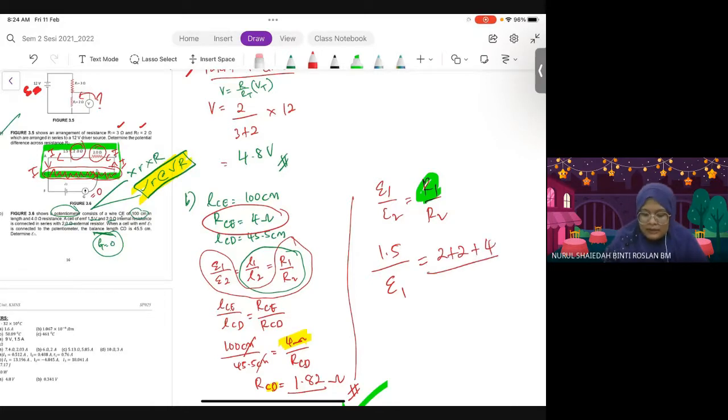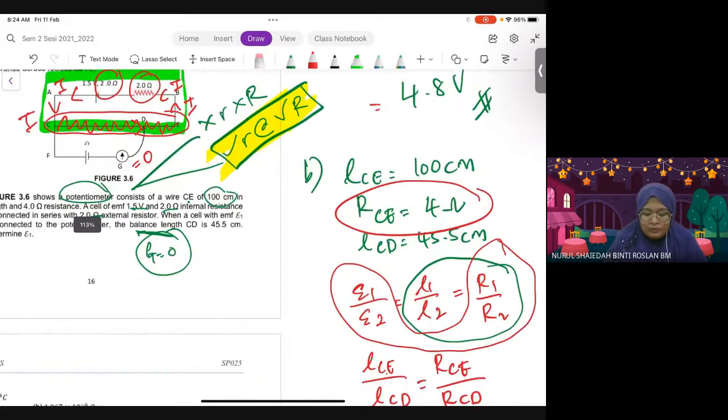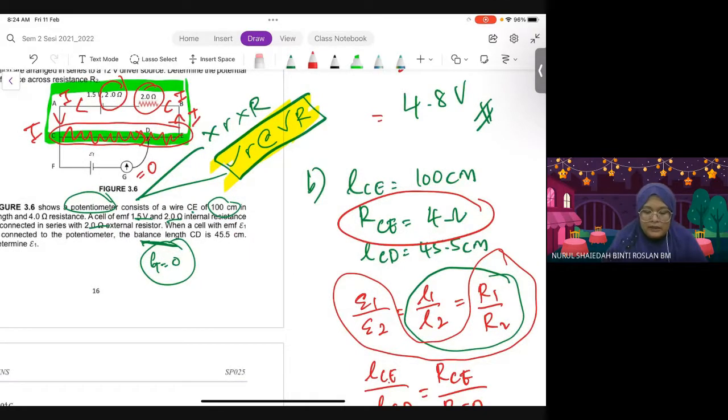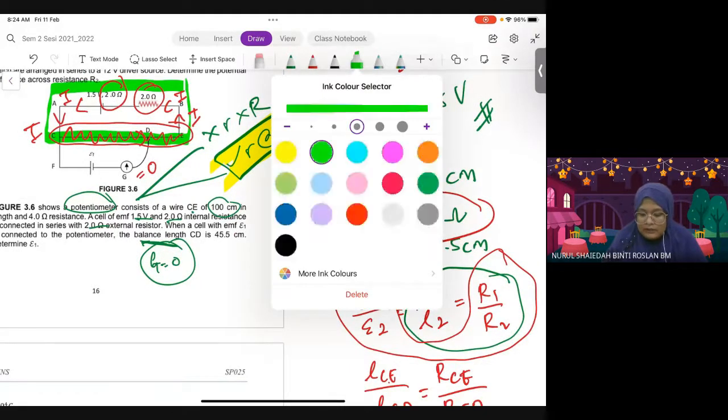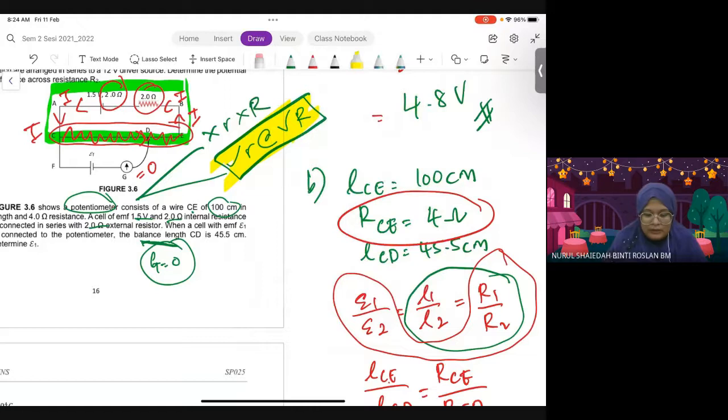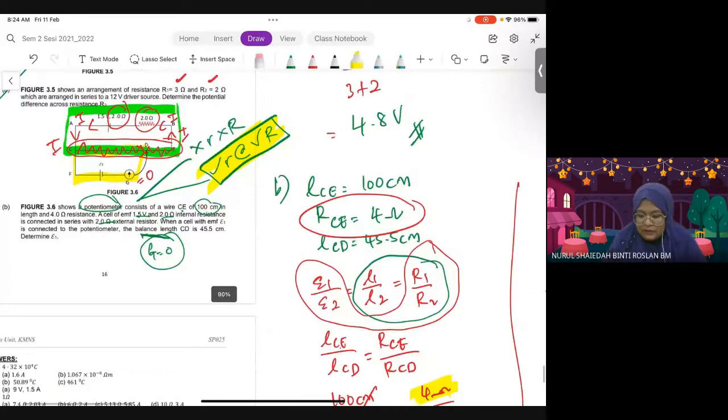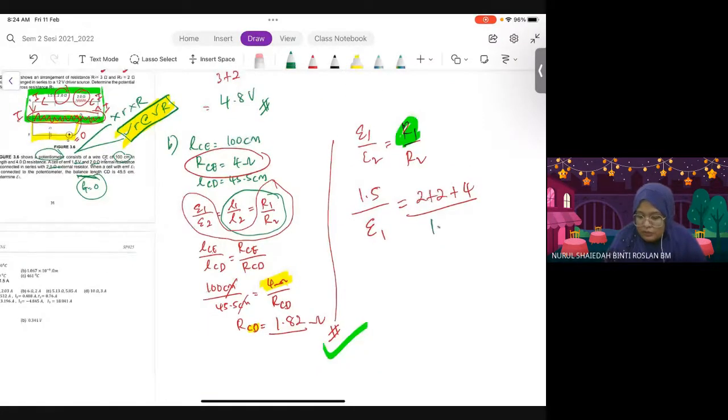So bahagi R2. How about R2? Okay, your R2 adalah belong kat bawah lah. Ni, bawah ni. So bawah ni, you tak ada resistor bawah ni. So you ada resistor dekat CD. And you already find your CD here, 1.82. So you just put 1.82 lah.